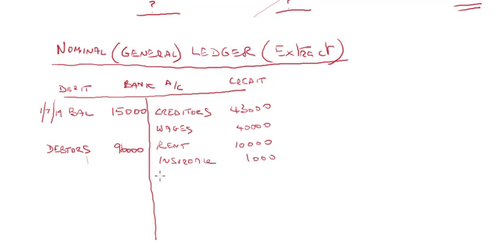The motor expenses, this would be fuel and motor insurance and motor tax and repairs and things like that. Motor expenses, I just put EXP, 2,000. The telephone bills, all of these were paid, 1,000. And then they're the expenses.